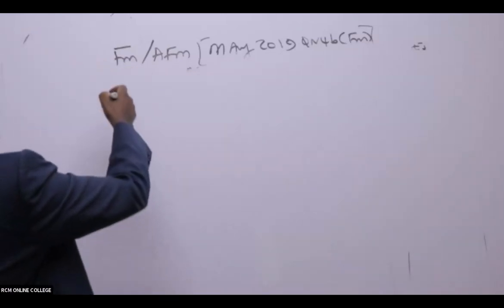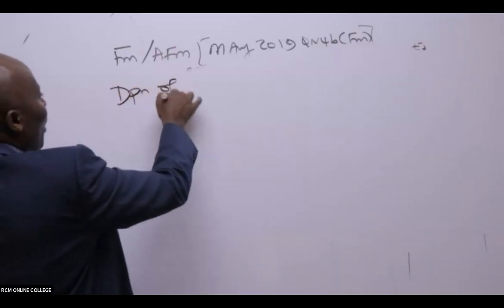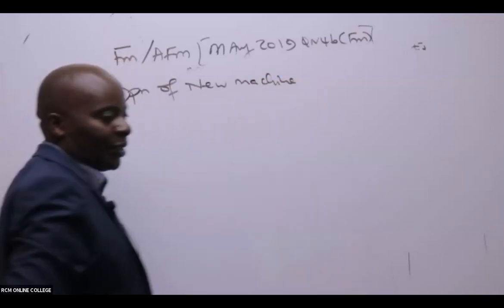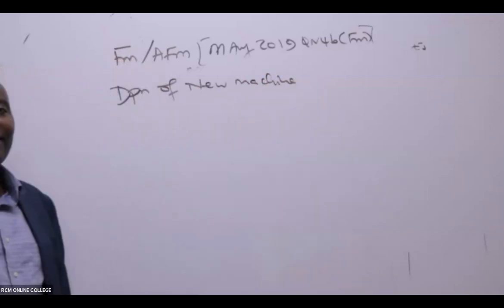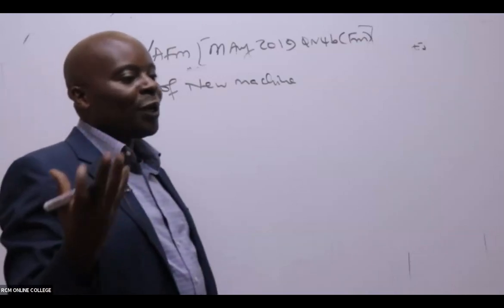I would want you pretty fast, give me the depreciation of new machine. How do we get depreciation? They have told us, this is a good examiner, it is straight line method.